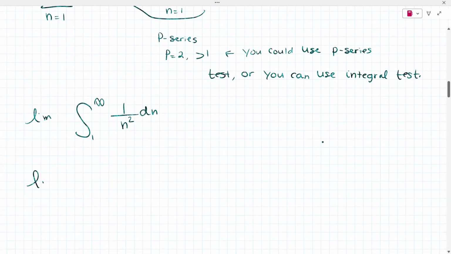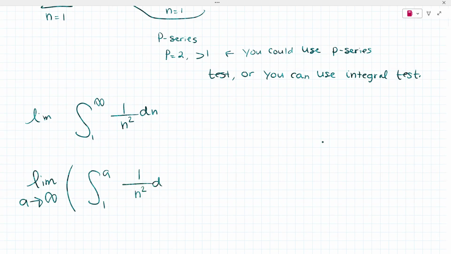And then you take the limit as a approaches infinity of the integral from 1 to a of 1 over n squared dn.